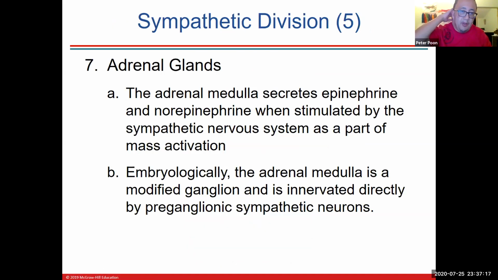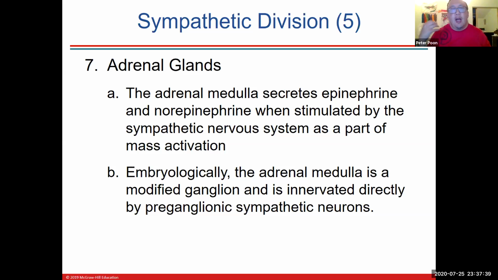The adrenal glands are very important to the sympathetic nervous system, not the ganglion. Again, running from a tiger, I want to turn everything on all at once, and the best way to do that is to use the mass activation provided by your bloodstream.